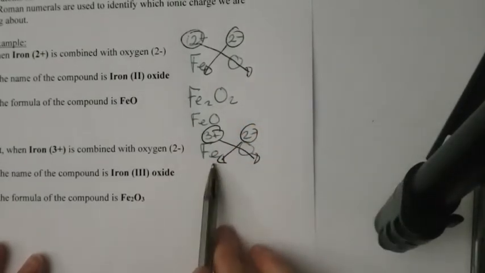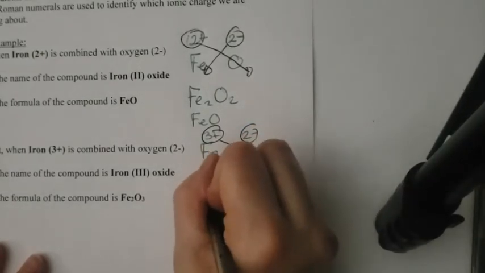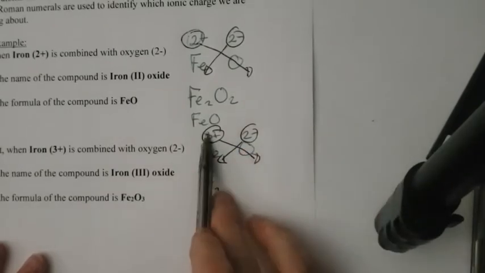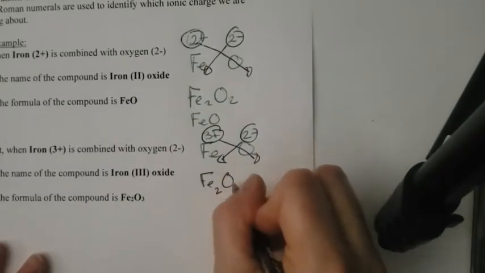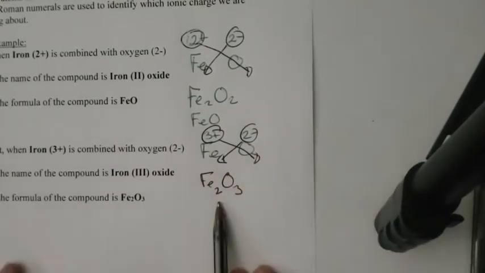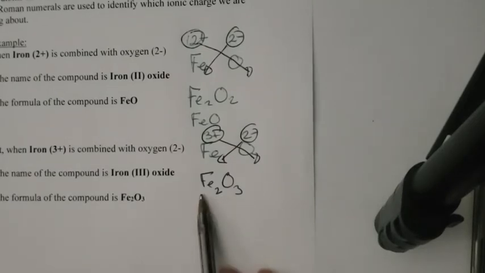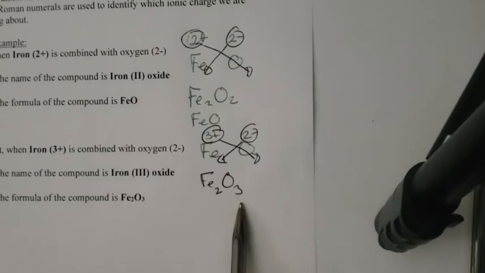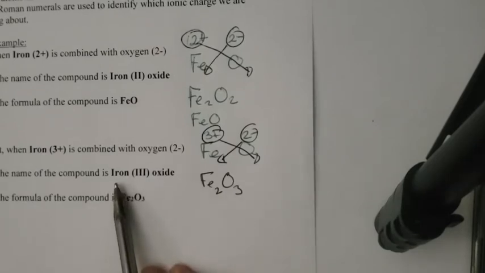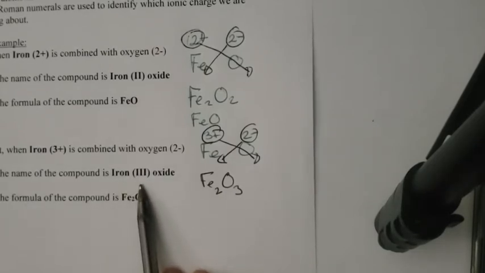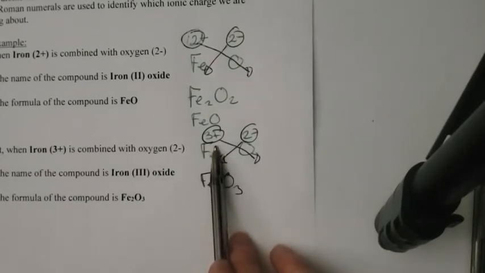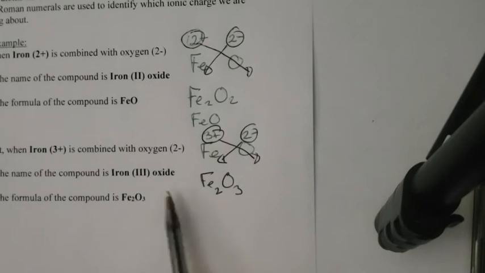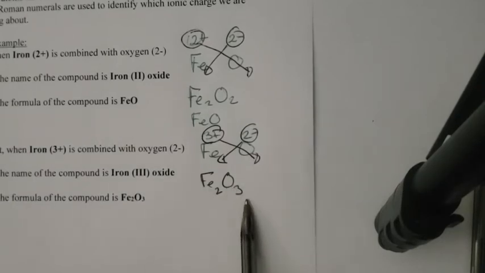So this time you have Fe2, and then the 3 came down, so it'll be O3. There's no number that goes evenly into 2 and 3, so we just leave the formula as Fe2O3. And if you were to write out the name, you would have to write down iron 3, and we put the Roman numeral 3 because the charge on it was 3 plus, oxide. This 2 indicates I have 2 of those, and this 3 indicates I have 3 of those.